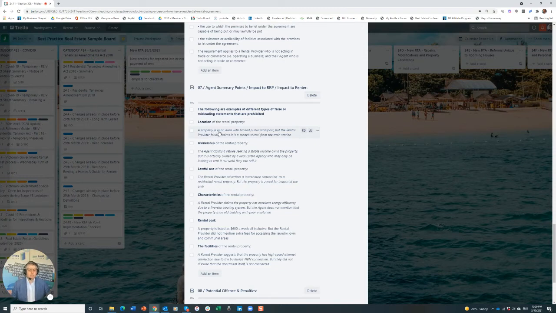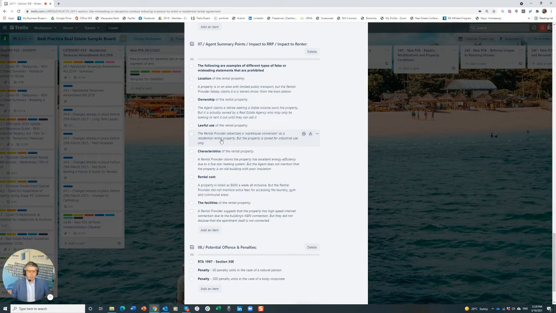That may not necessarily be the case for an elderly person or a person who has a disability or is on a frame or something like that. So you've got to be really careful about the way you advertise. So the location of the property, ownership of the property, the lawful use of the property. Really, really important with regards to the zoning. If it is zoned industrial or commercial, then it can't be used as a resi property.